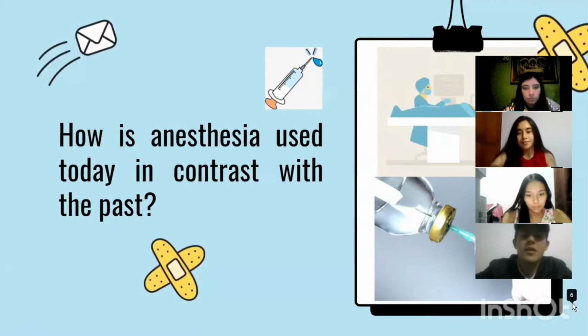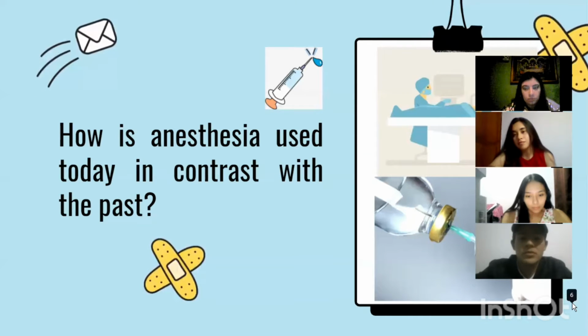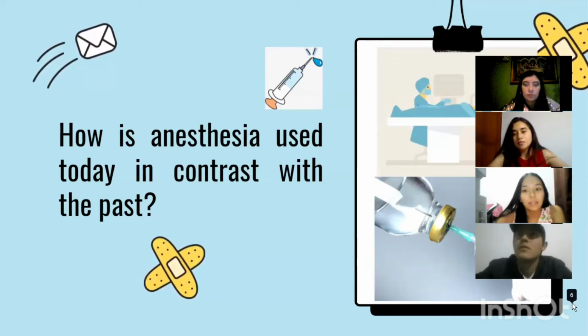Just to clarify, in the past they used it to perform surgeries open to the public in order to entertain. The one who did this was a Scotsman named Robert Liston. As my partner has said, anesthesia has been present since the beginning of history.